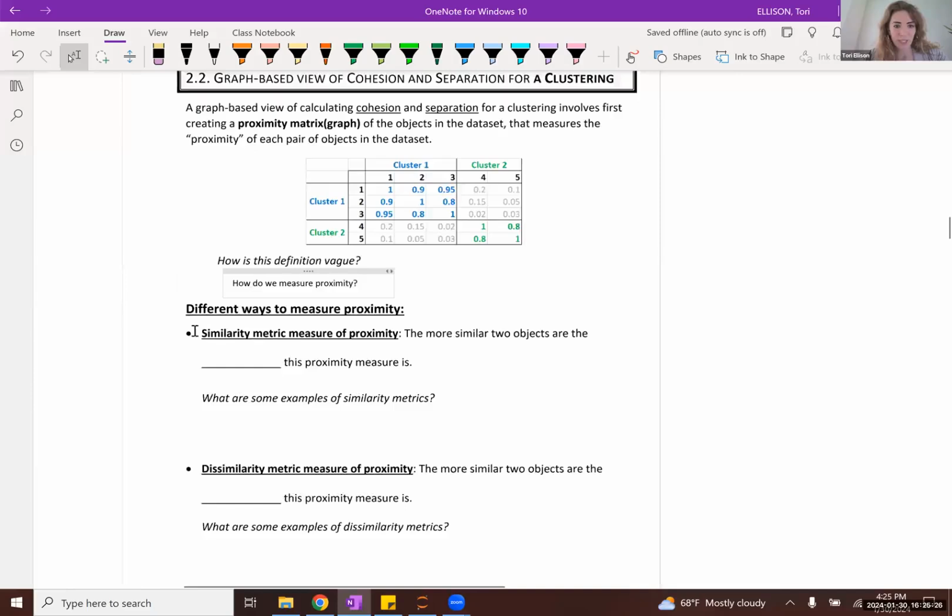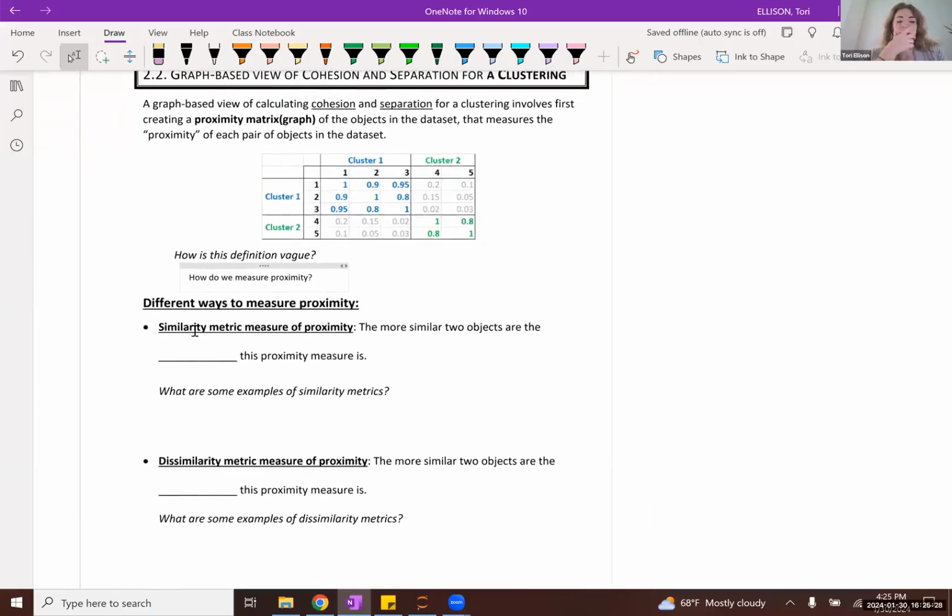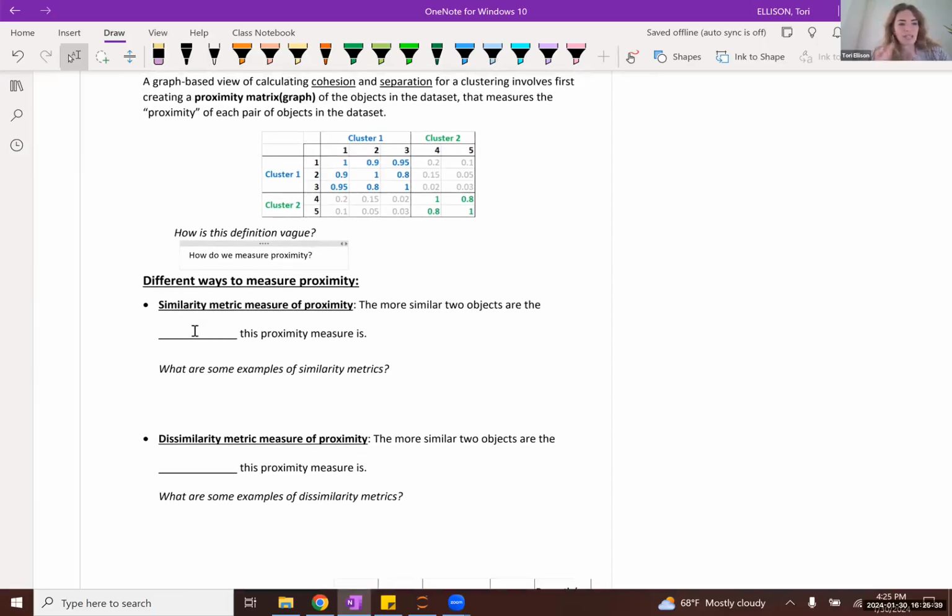So this notion of proximity, there are two main ways that we can split up this notion of proximity. So we have similarity metric measures of proximity, which basically have this assumption which says the more similar two objects are, the smaller this proximity measure is.